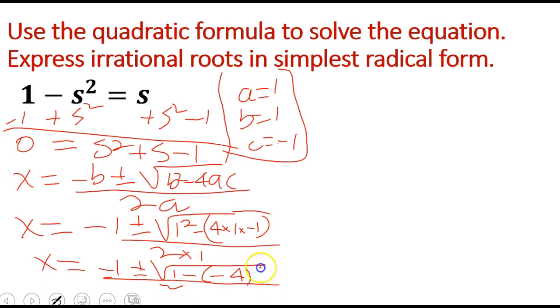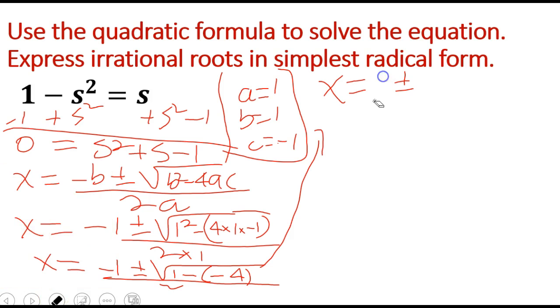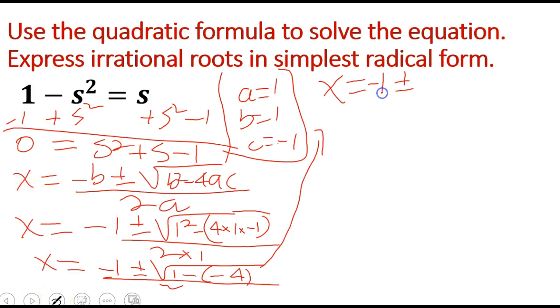Okay, so move it up here. So we have x equals negative 1 plus or minus, oh my gosh, sorry, this is negative 1. Okay, this is negative 1 plus or minus square root of 1 plus 4, so negative 4 becomes plus 4, over 2.